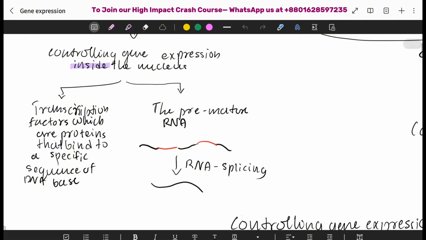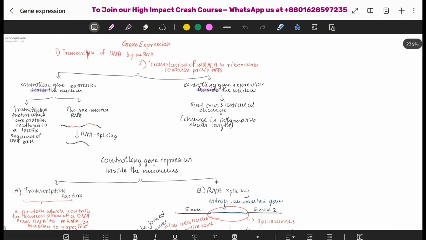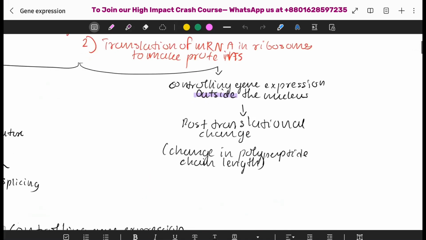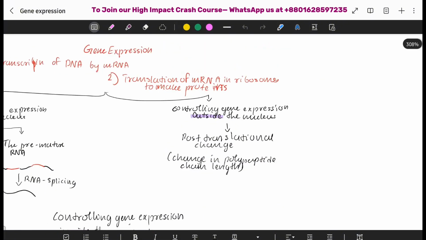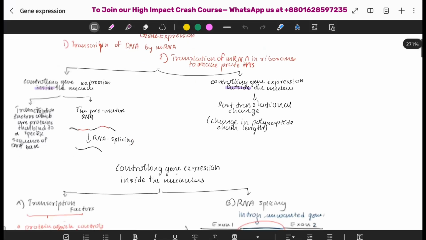Introns, exons, and all that. And for the outside one, there'll be post-translational change, where the polypeptide chain length will be changed. That's what happens outside. So let's go to the details of inside the nucleus.